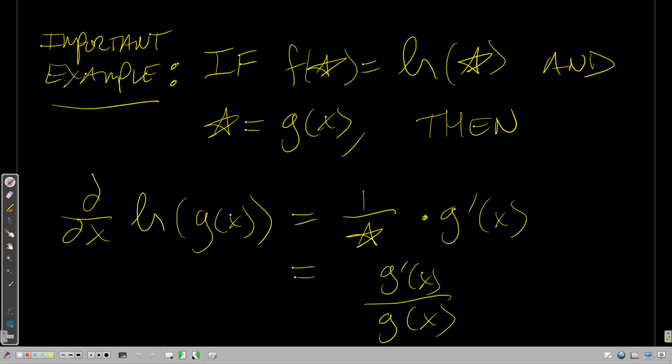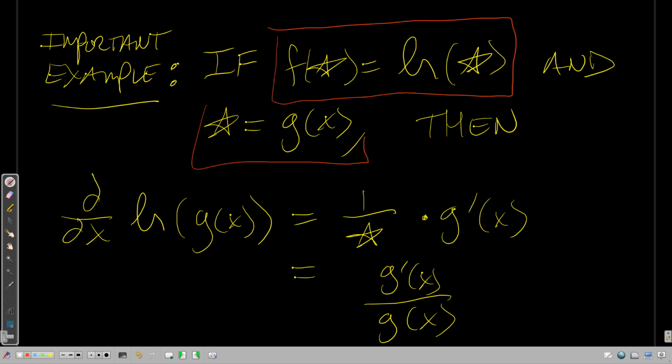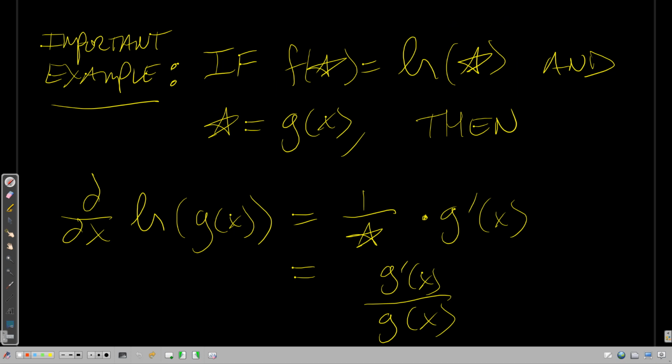Likewise, you once upon a time had a special rule for the derivative of the natural log of a function, but it ain't that special because you got the chain rule. The outer function is the natural log and the inner function is the star. Then the derivative of this composition of functions is the multiplication of the derivative of natural log times the derivative of g.